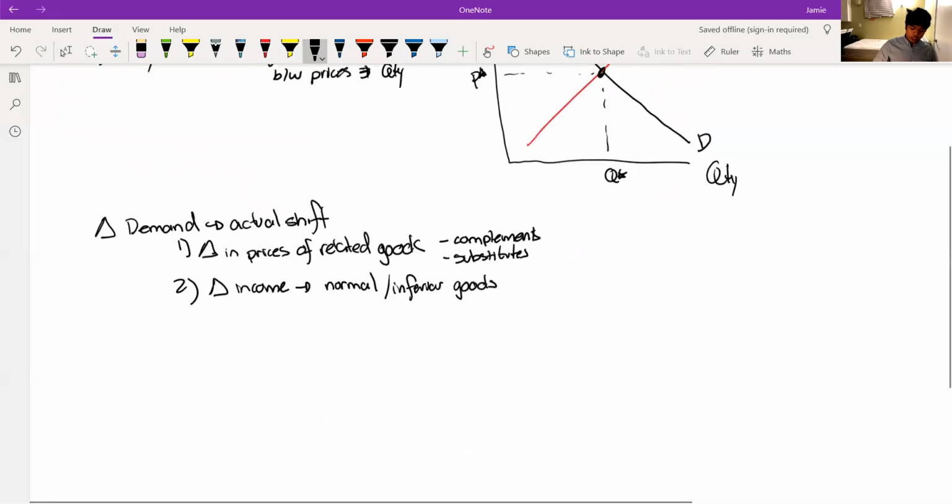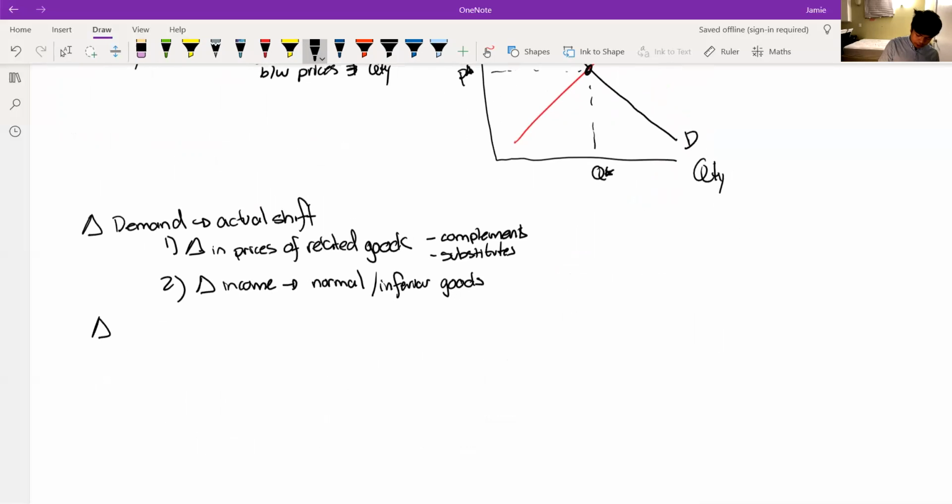So why don't we do changes in supply? That could be changes in input prices. If there's a significant collapse in oil prices, or if the price of raw materials drops, it makes production cheaper, and suppliers want to produce more because they can make more money.